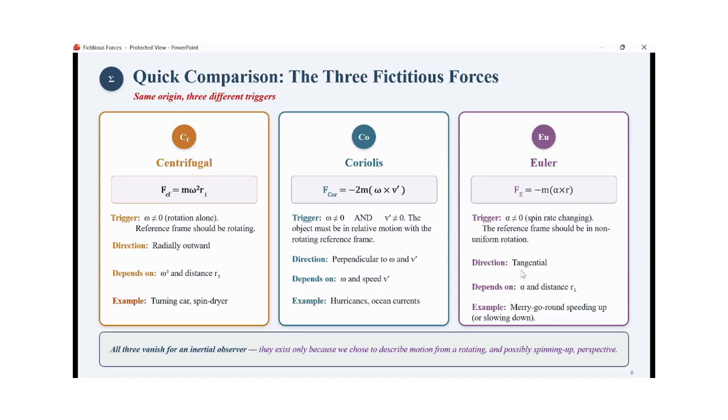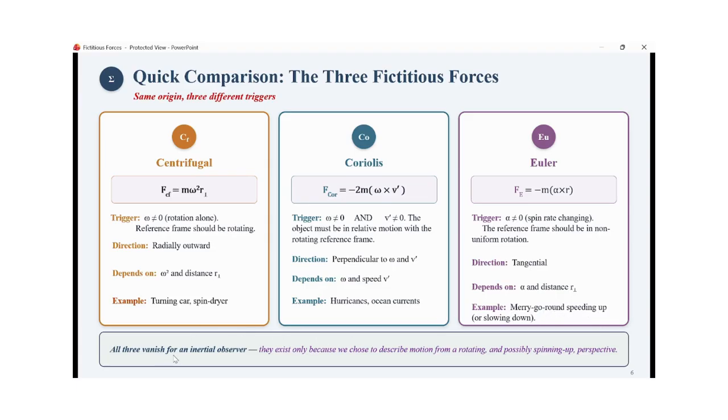The direction of this Euler force is tangential. It depends upon the values of alpha, that is the angular acceleration of the frame, and the perpendicular distance of the object from the axis of rotation. This Euler force is observed in the case of a merry-go-round speeding up or slowing down.